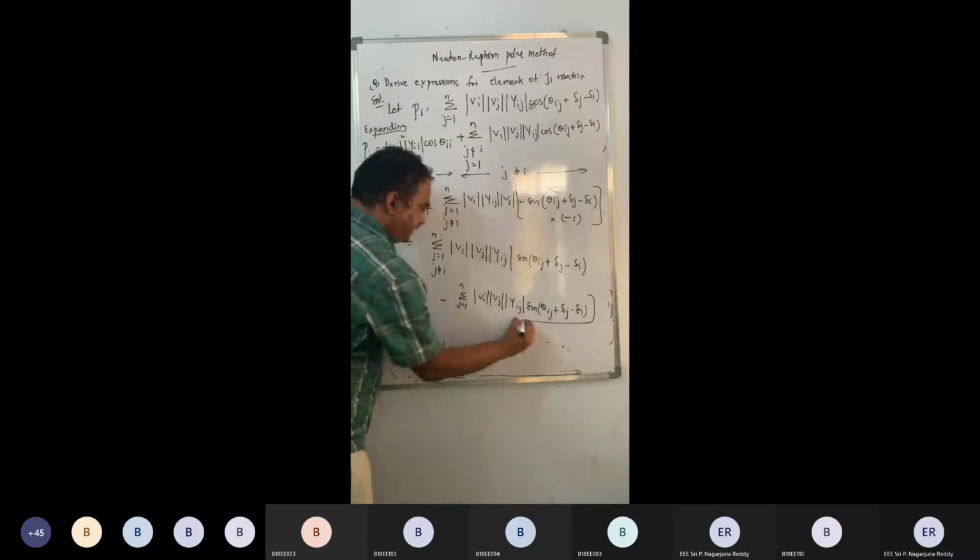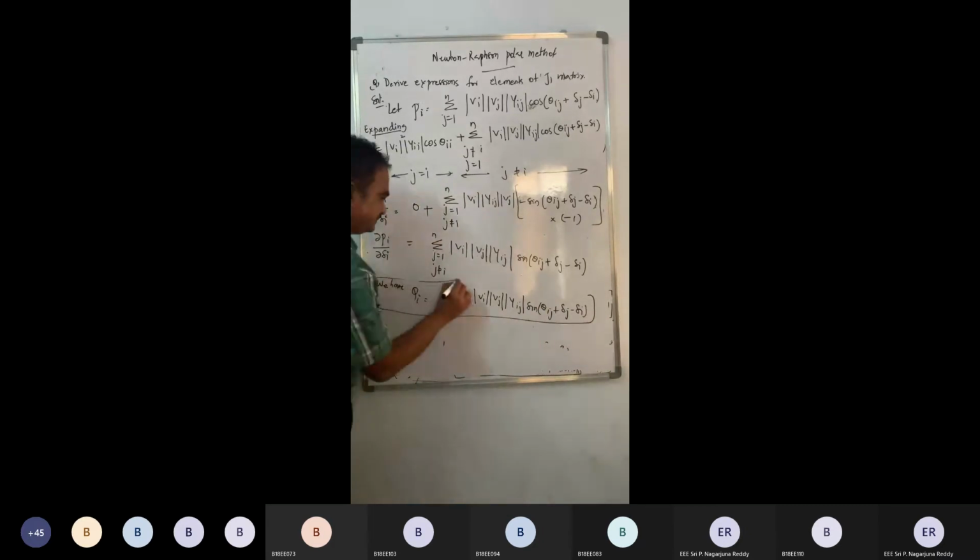This was our equation for reactive power. It is very much similar to the reactive power. What is the only difference? It is missing one particular term which is having j is equal to i. So I am trying to expand this one.